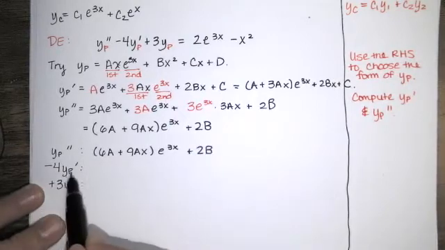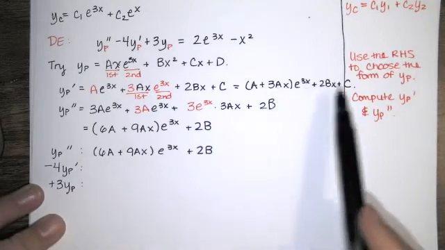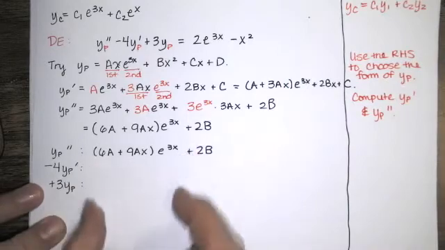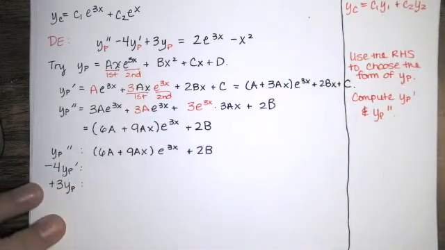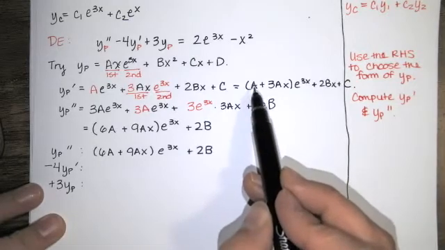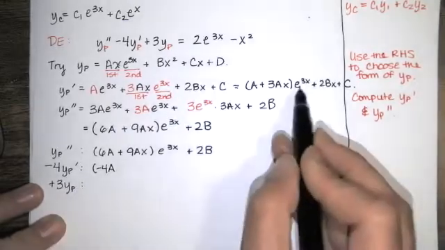And then I'm subtracting 4 times y sub p prime. So I want to distribute a -4 to everything here. And then I want to list terms vertically so that like terms are in columns. It's just going to help with the bookkeeping. So I've got -4 times this. That'll be -4a times the exponential.